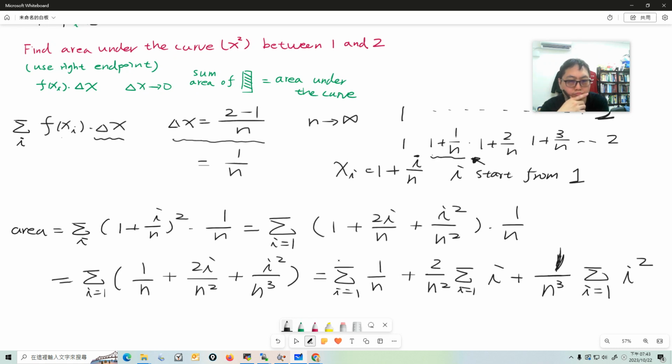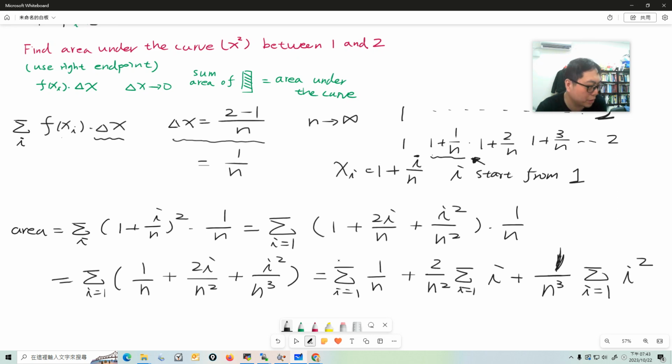So what is the upper end? i goes from 1 to infinity? That's not true. Let me check my notes.